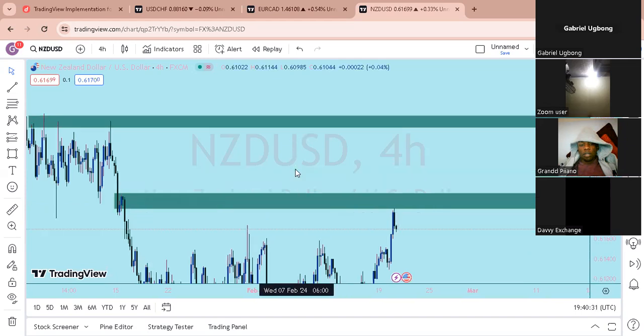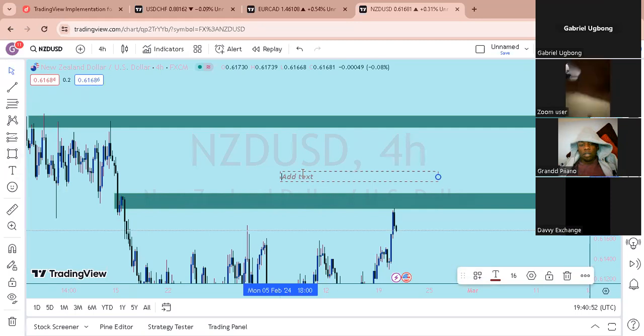So now for this week, when you're taking this trade, the reason why we are writing this out is to guide you to know one thing, that at this point I have started labeling my zone. So I'm going to put here resistance. Remember, this is your assignment and it should be done with the laptop or use TradingView.